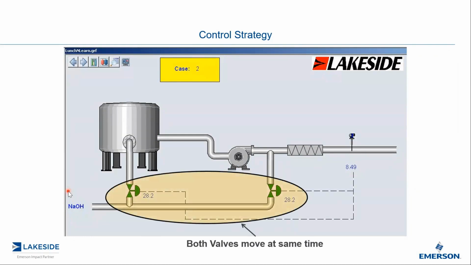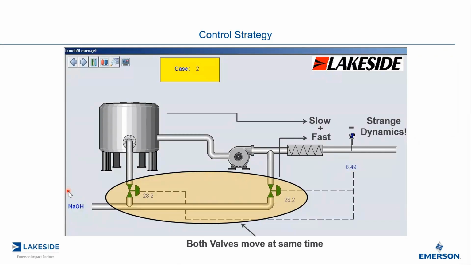We've got a pH controller, and I've seen this before. In this example, we're going to use both valves. We're going to control pH by modulating both valves at the same time. Yes, I have seen this before.